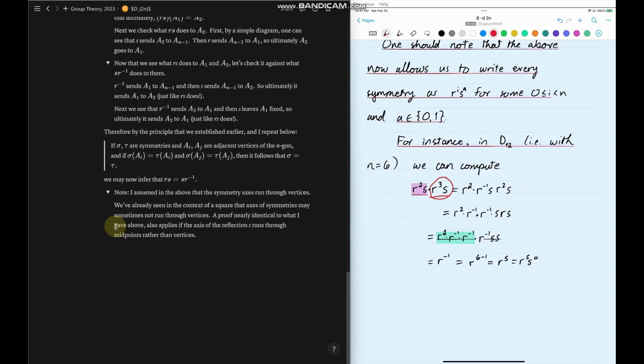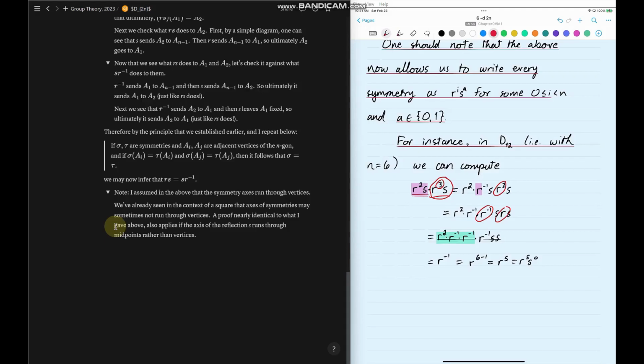So let's go ahead and split off one of these R's and move it to the other side of this S. I'm going to move my R's to the left. So that means that this exponent goes down by 1 because I've split off one factor of R. And on the other side of S, it becomes R inverse. I could do it again: split off one more R, and again, it becomes R inverse on the other side of S.